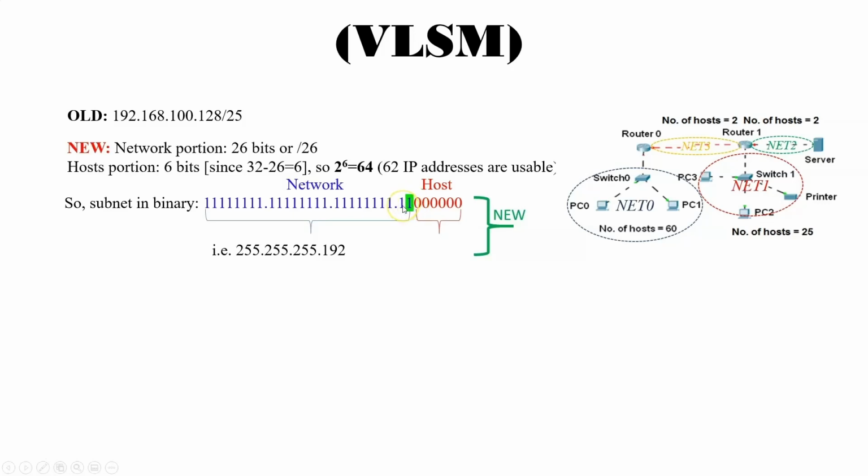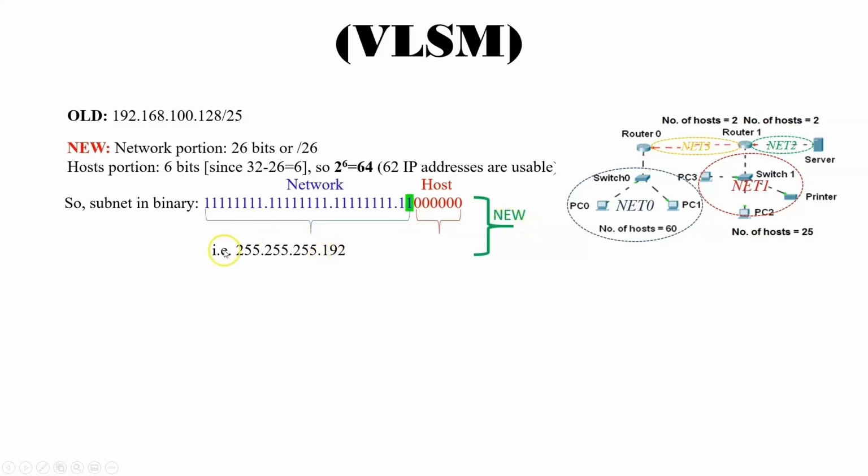So if somebody asks me what is the new subnet mask, then I borrow 1 additional bit. Earlier it was /25, remember that? 255.255.255.128 was the earlier, because 1 and then 7 zeros was 128. Now if I borrow 2 bits, then what is this, 1, 1 and then 6 zeros? That is 192.